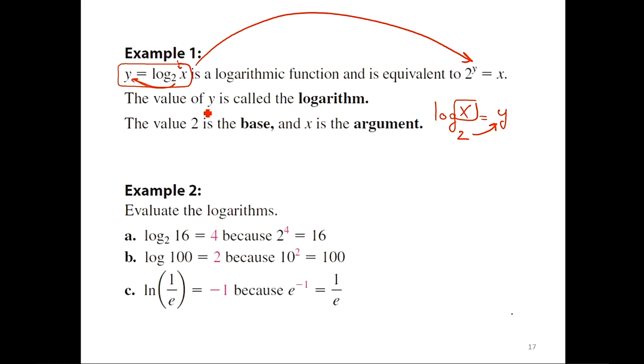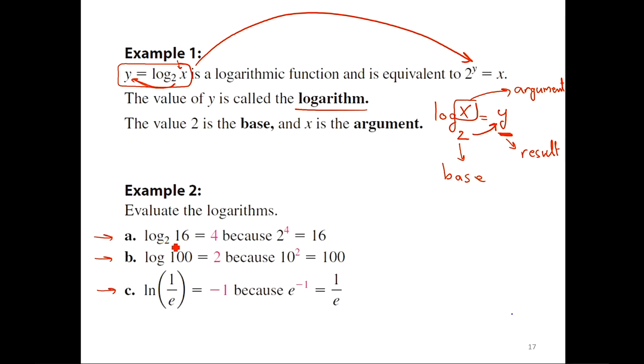Okay, now the value of y is called the logarithm. The value of y is the value of the logarithm. 2 is the base, x is the argument, and this is the result. Okay, the result of the logarithm.